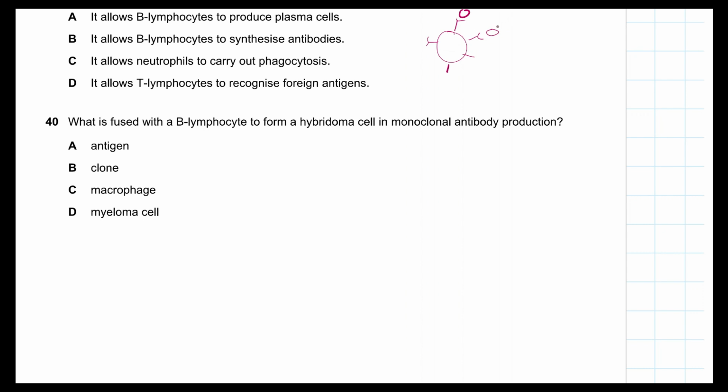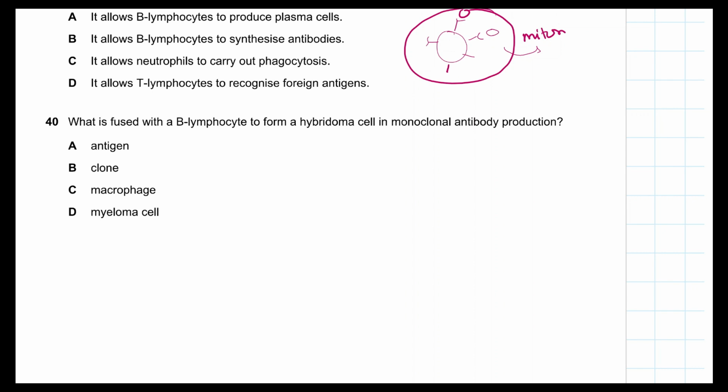The specific lymphocyte which is identical in shape to the antigen now undergoes mitosis or division because I want more of these which are specific to the actual antigen, and this is called clonal expansion. Now let's see the suggestions that we have here.